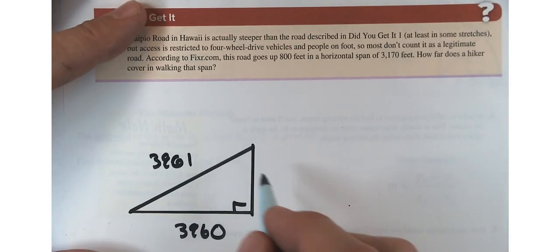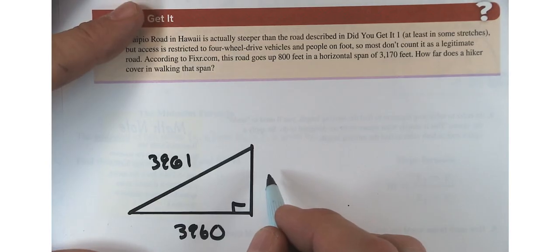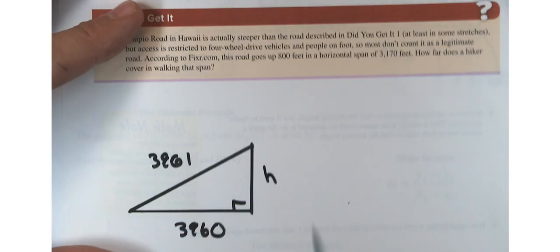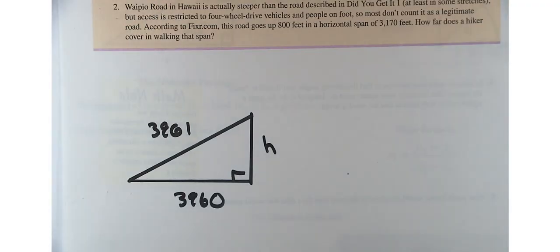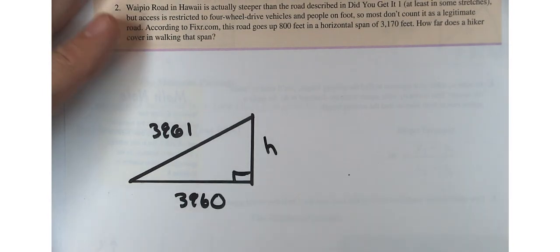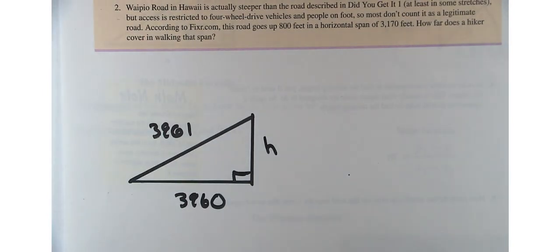And let's give this a name. You want to call it H, you want to call it D, what works for you? Height? Okay, we'll call it H. What would the Pythagorean theorem say about this kind of a problem? Can you set up the Pythagorean theorem for us here?